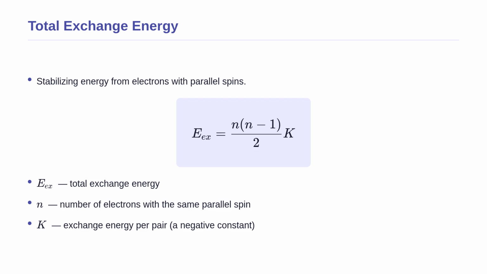The variable n represents the number of electrons that have the same parallel spin, for example, all spin-up electrons. The symbol K represents the exchange energy per pair of electrons, which is a constant negative value, meaning it lowers the total energy of the atom. As the number of parallel spin electrons increases, the number of possible exchange pairs increases rapidly, making the atom incredibly stable.